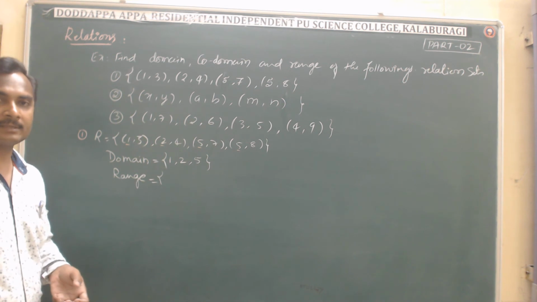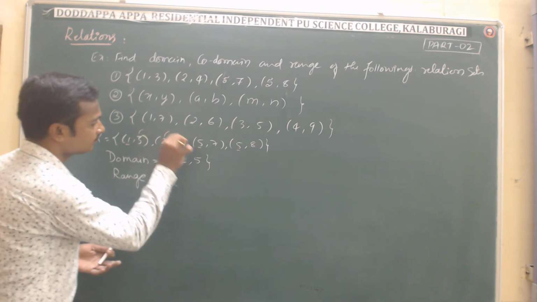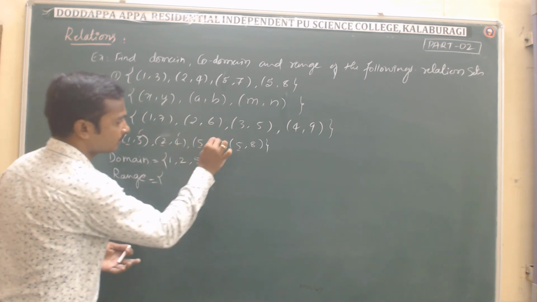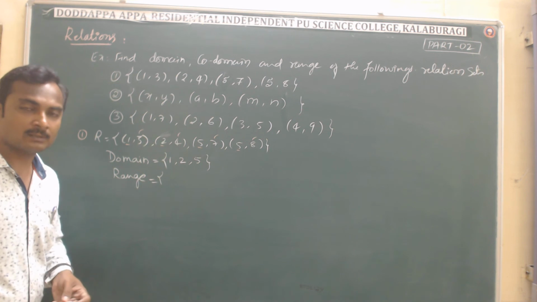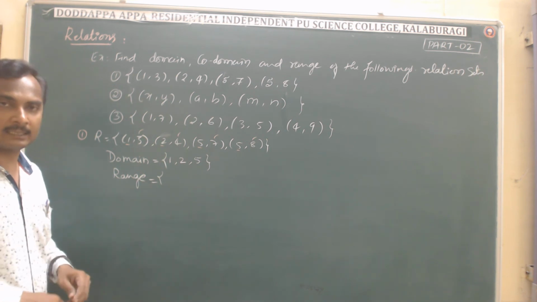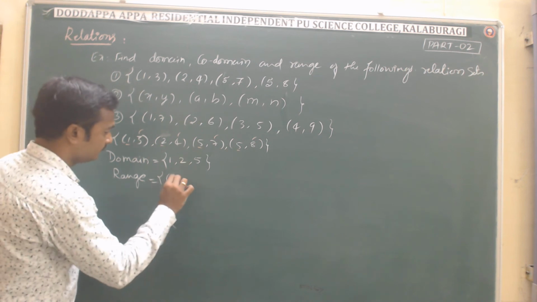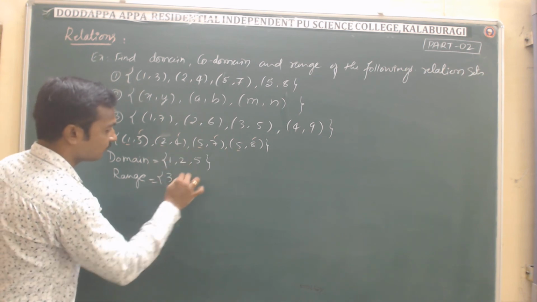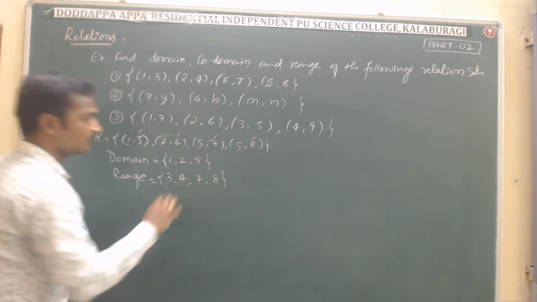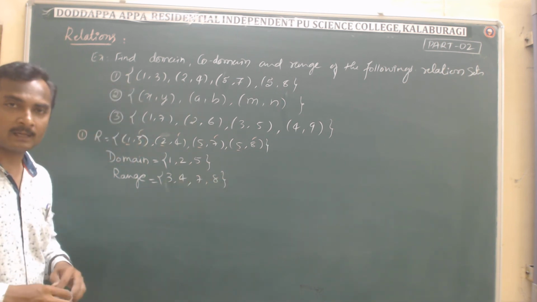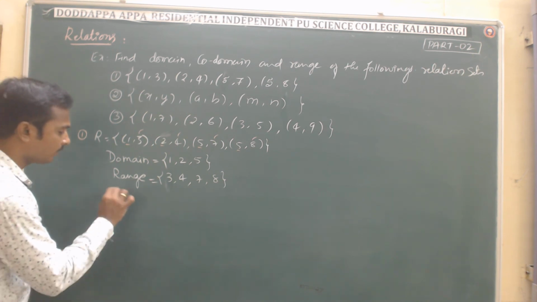Every second element, you can note that every second element of each ordered pair is an element of the range. Therefore 3, 4, 7 and 8 are the range of this relation. What about the codomain?